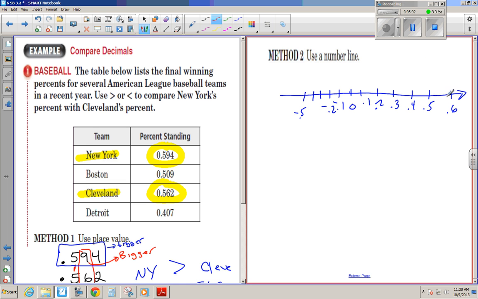That's almost 0.6. So this number right here is New York's. Cleveland, 0.562, is pretty much right here. So now according to the number line, you would put Cleveland first. And since Cleveland is to the left, that means that it is less than New York's. So those are the two ways you could set this up.